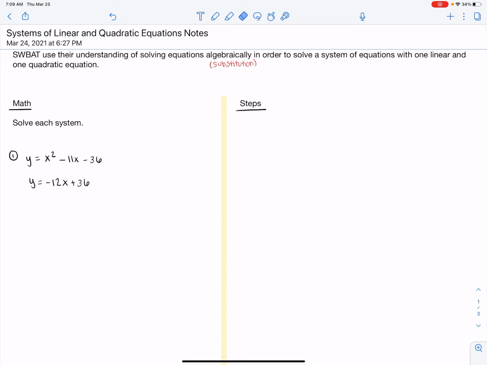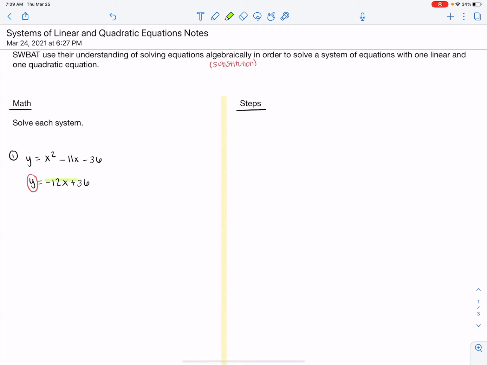That's our goal. Now, in order to make this happen, we're going to use substitution, like I said. And the easiest way to do it is to get the linear equation to be y equals. Once the linear equation is y equals, we want to know where these are the same. So the substitution takes your equations and puts them into each other.